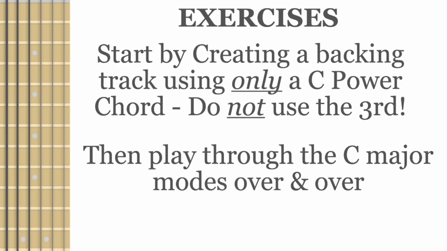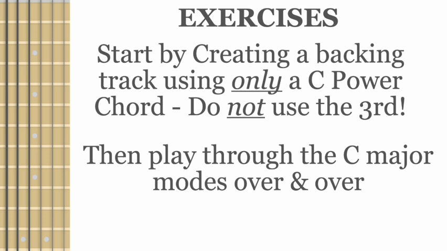And so, for example, if you have a backing track with nothing but a C power chord, right? Don't change it up or anything else, because it'll help your ear out, right? And that's all we're trying to do right now. And you just play the C Ionian, and then the C Lydian. You'll start to hear that sound. You'll hear that variation.